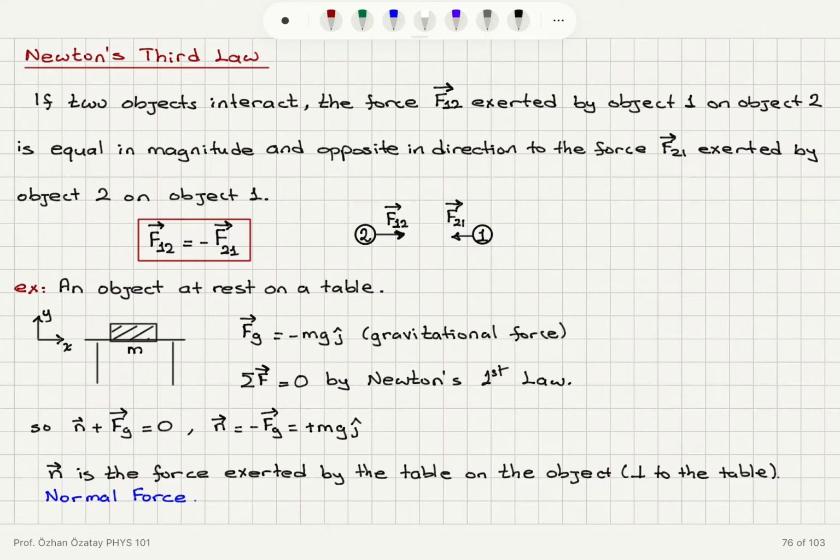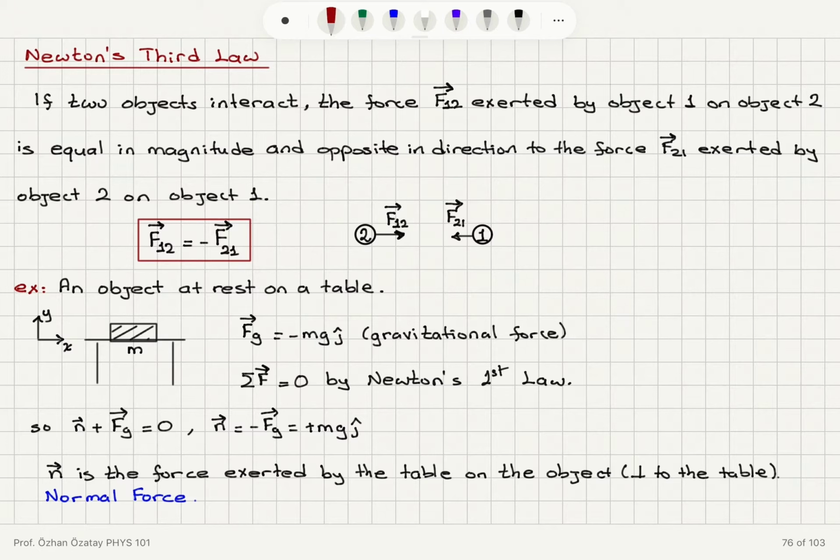So this normal force exerted by the table on the object perpendicular to the table is basically in response to the force exerted by the object on the table, which was minus mg j hat. So the reaction force that is exerted by the table on the object is the normal force. These two forces are equal in magnitude, opposite in direction.